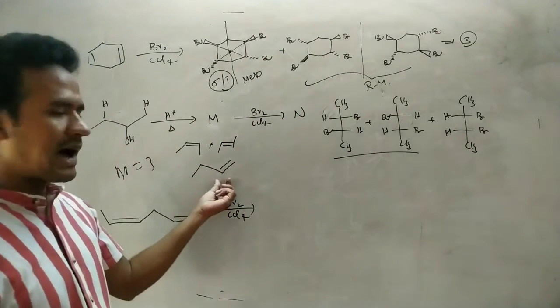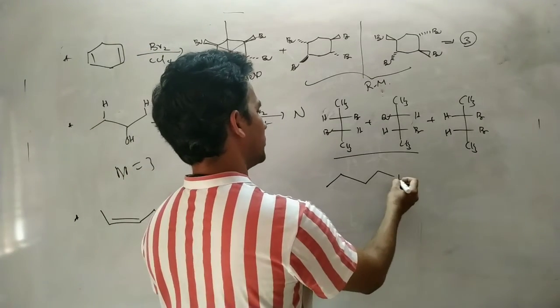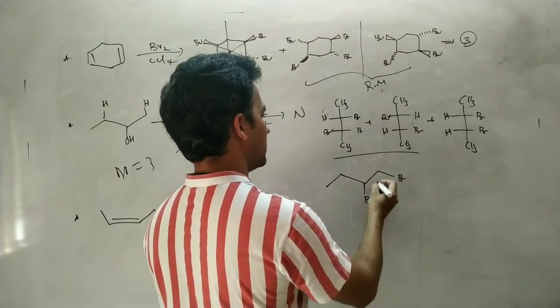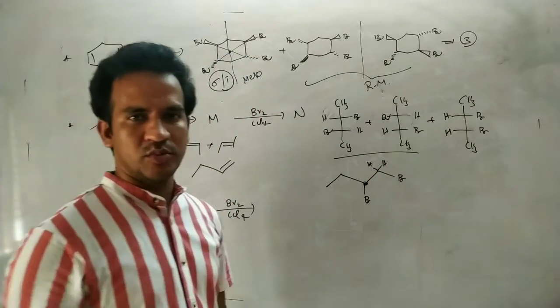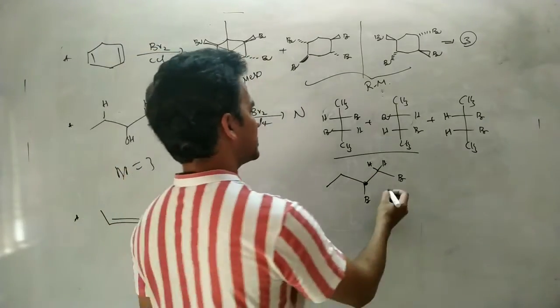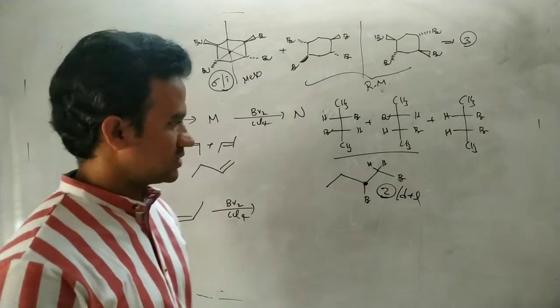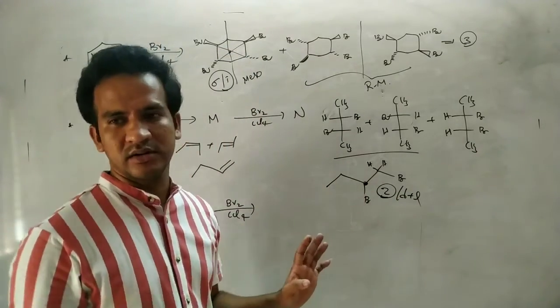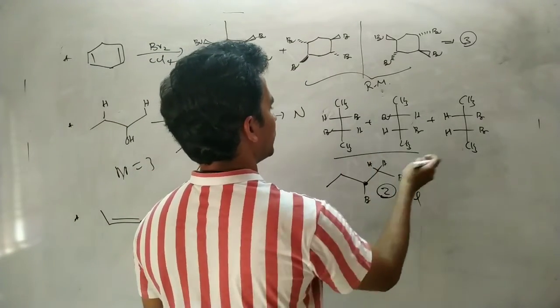Now the 1-butene is also produced. Here we can see like this, here bromine, here bromine. It is a chiral carbon, unlike the carbon with two hydrogens. Because of that chiral carbon, this one exists in two isomers, dextro plus levo. So what is the N value? Here 1, 2, 3, 4.